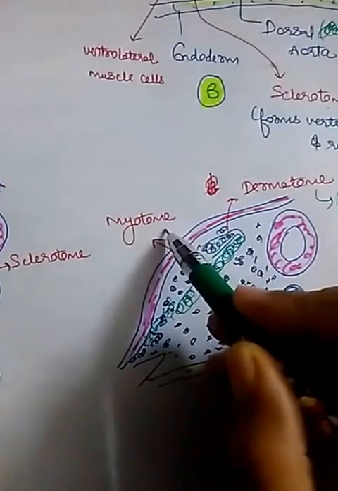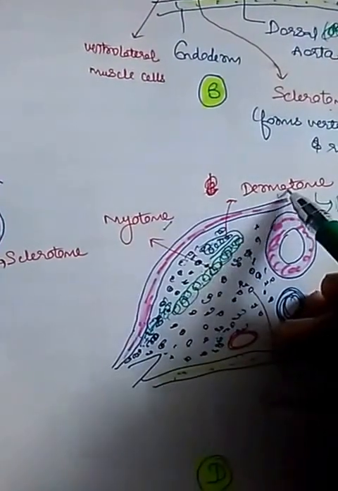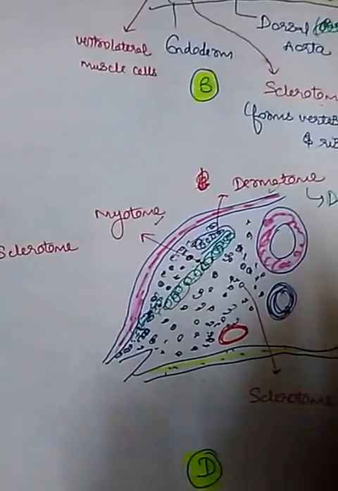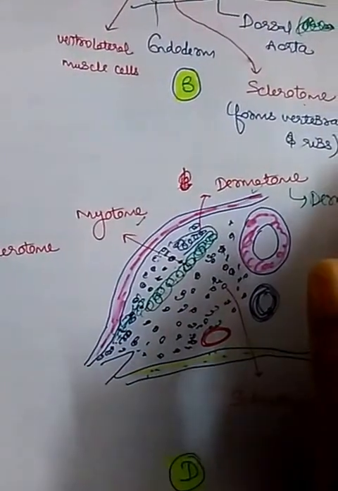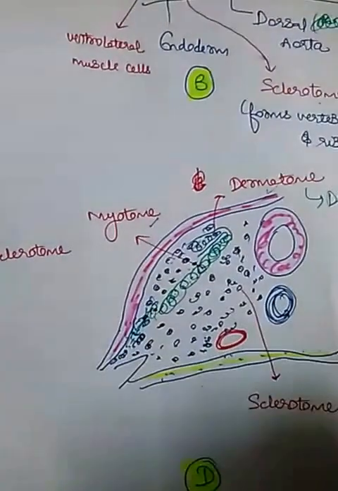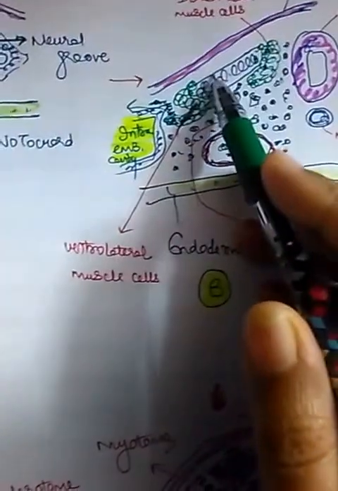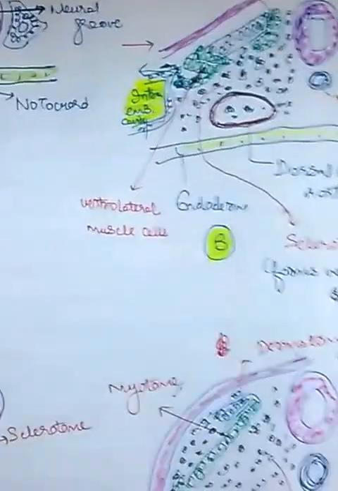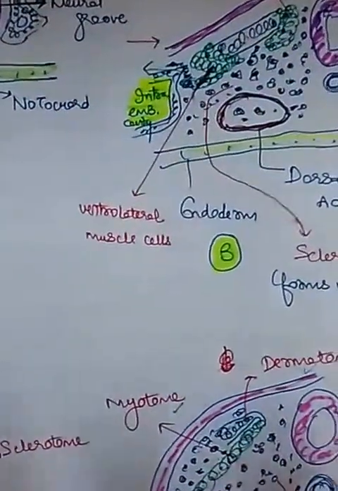And also you should know that each myotome and dermatome retains its innervation from its segment of origin. You know what a dermatome is? What is a dermatome and what is a myotome? Regardless of where it migrates, they retain their innervation from the segment of origin.